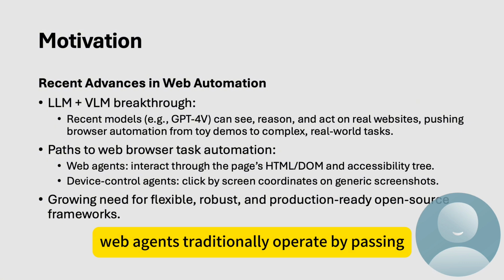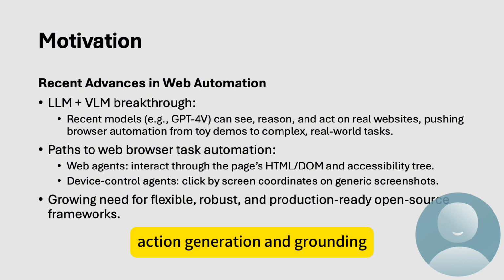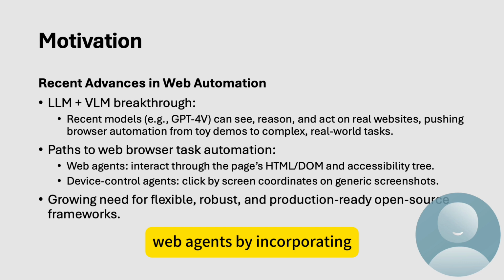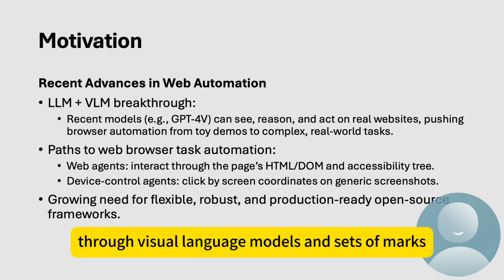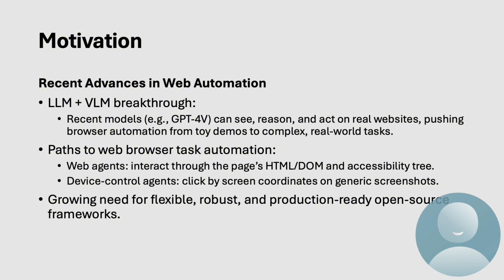Web agents traditionally operate by parsing website structure, using DOM elements, HTML content, and accessibility trees to enable LLM-based action generation and grounding. Recent advances have enhanced web agents by incorporating visual processing through vision language models and set-of-marks, improving both action generation accuracy and grounding precision.